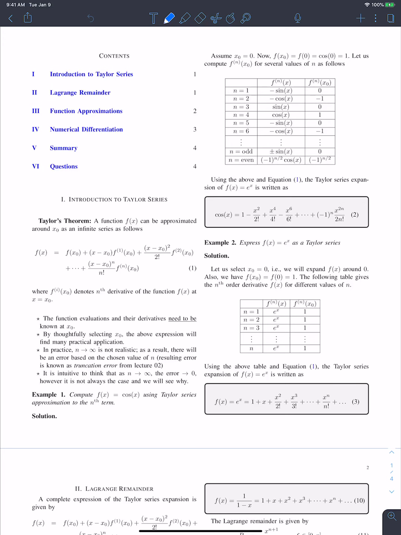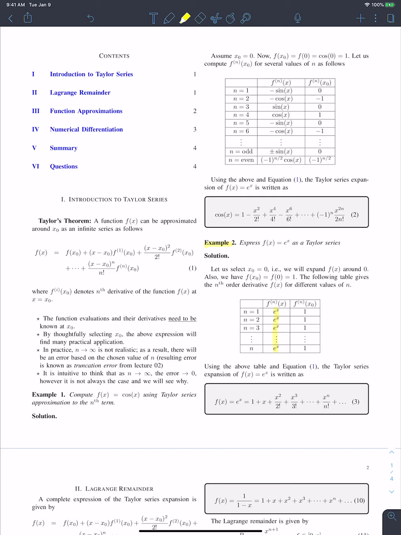Similar to how we approximated cos x using Taylor series, now let's do another example: expressing f(x) equal to e to the power x using Taylor series. The good thing about e to the power x is that every derivative, first derivative, second derivative, third derivative, all of them is e to the power x.